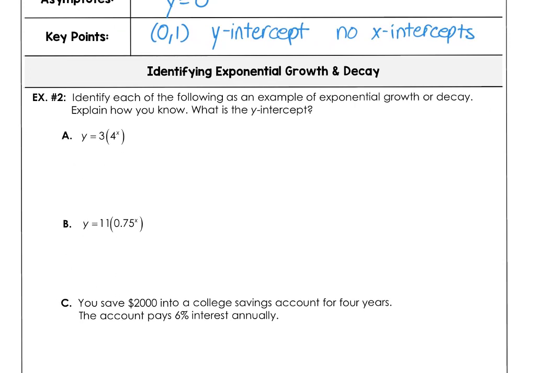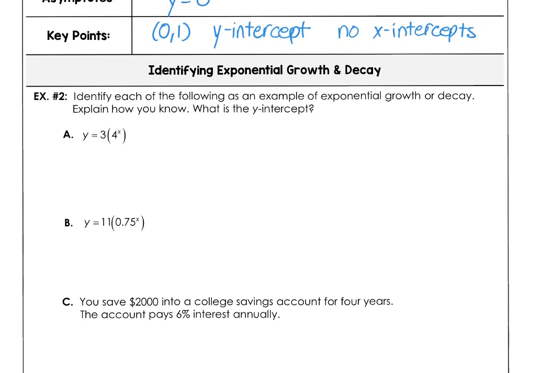Next, we want to look at identifying exponential growth and decay based on our definitions. So if y equals 3 times 4 to the x power, you see that our base is 4. And if the base is a number larger than 1, in this case 4, this is an exponential growth function. And then what's the y-intercept? That would be when we substitute 0 for x. So our y-intercept in this case would be 0, 3.